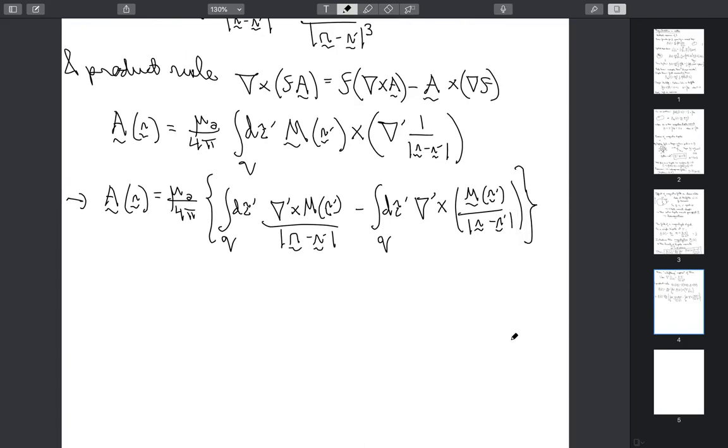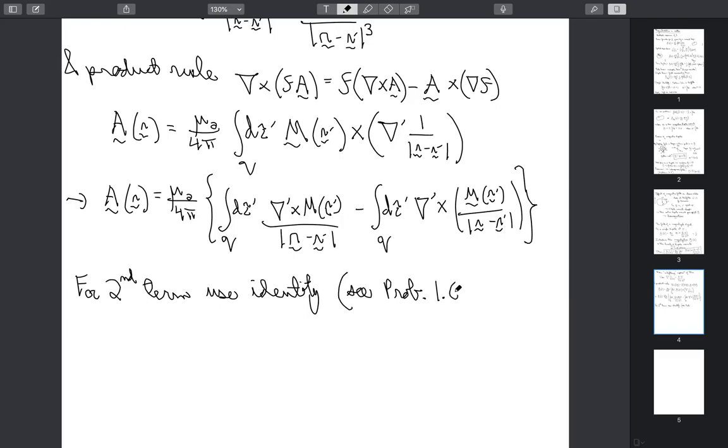Okay, now there's a little thing that you can use for the second term here. We can use an identity, see problem 1.61, this time the B subpart in Griffiths. What does that tell you?